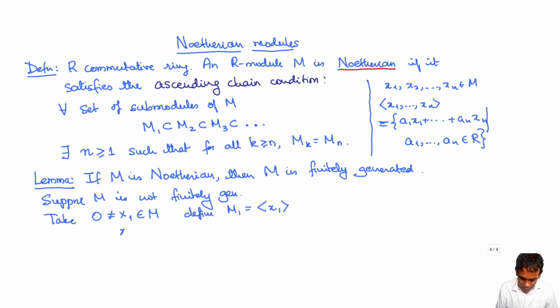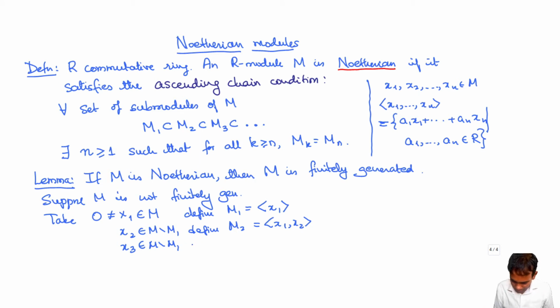So then I can take x2 in M minus M1. And now let's define M2 to be the module generated by x1 and x2. Now M2 is strictly larger than M1 because x2 is not in M1. Now M2 cannot be equal to M, because M2 is generated by two elements.